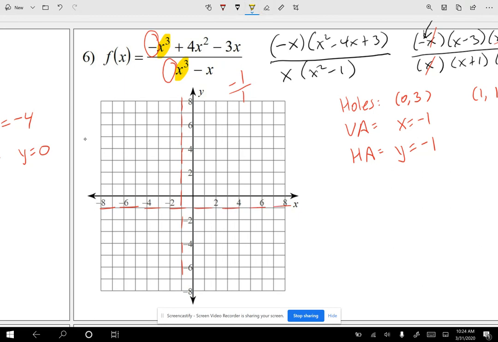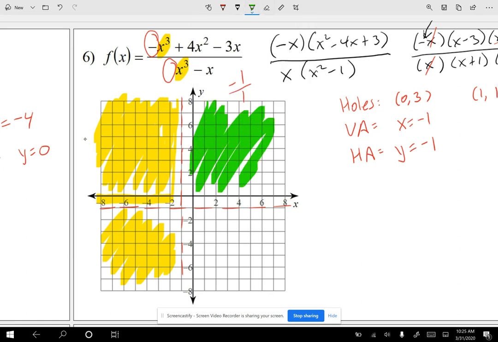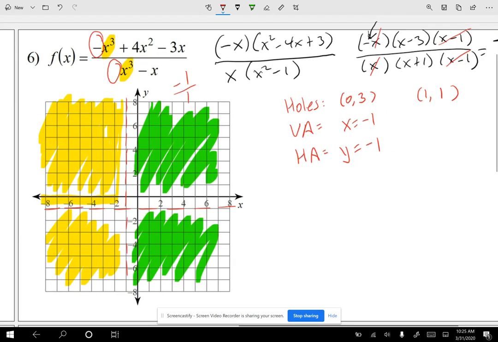Now, when I look at the left of my asymptote, I get that section or this section. Then on the right of my asymptote, let me change it to green. I either have this section or this section. All right, let's take a look at my holes as well. Have the point 0, 3. And I have the point 1, 1.